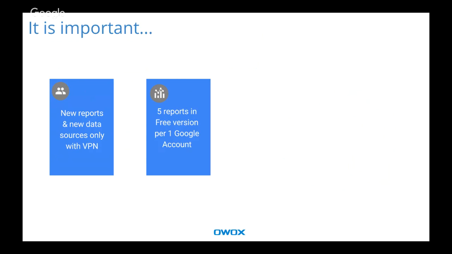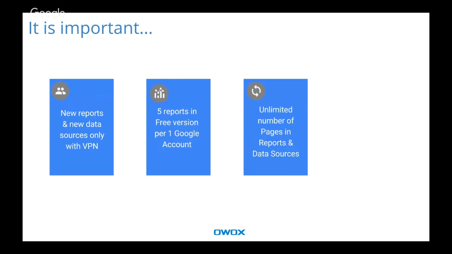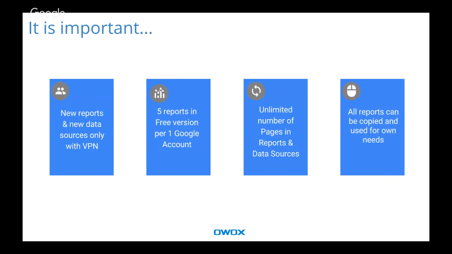So as I said, there is a limit of 5 reports per one Google account, but it could be easily overcome, which is great. You have an unlimited number of pages in reports and data sources, so you can create as many as you want. All reports could be copied and used for your own needs.